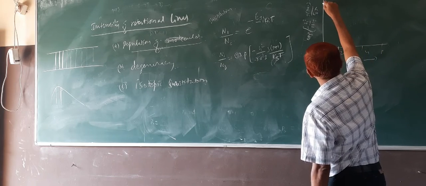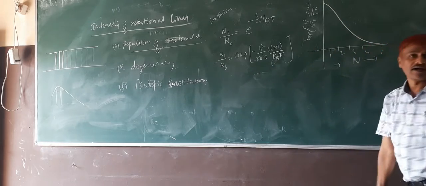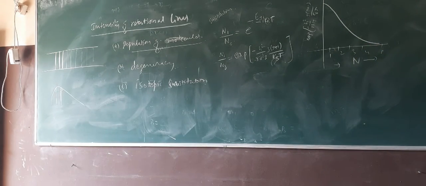For 0 it is more, for N1 it goes like this. Lower states are more populated than higher states.